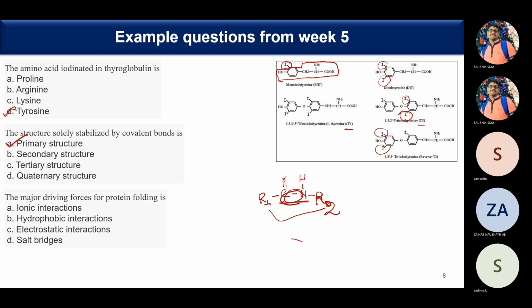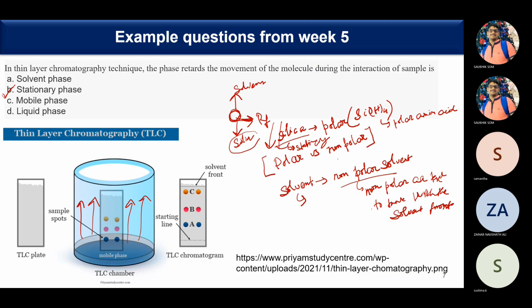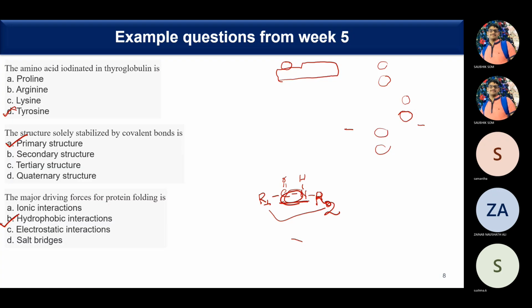Now, the fact is that most of it is formed by hydrophobic interactions, because, as I explained a few slides back, in the formation of the structure the hydrophobic amino acids will mostly be in the core, and the hydrophilic amino acids will be at the surface of a globular protein. So hydrophobic interaction is the major driving force during protein folding. Okay.